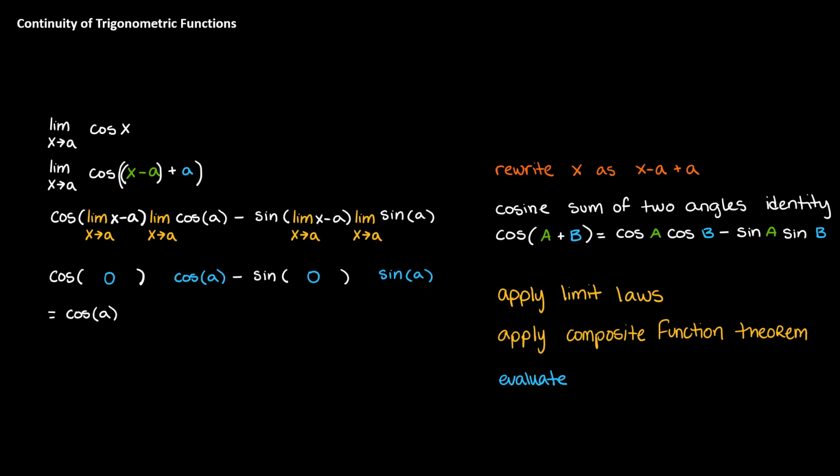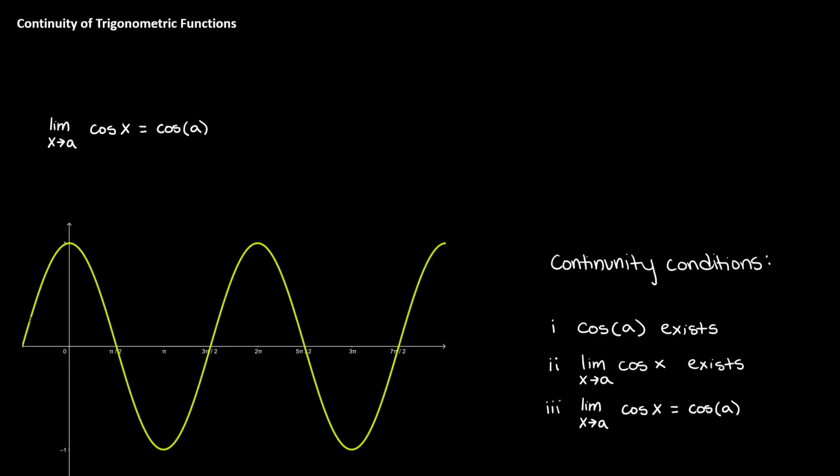That is the definition of continuous. We showed that not only does the function exist at a, because a is in the domain of cosine, but that the two-sided limit exists and that that two-sided limit is equal to the function output at a.